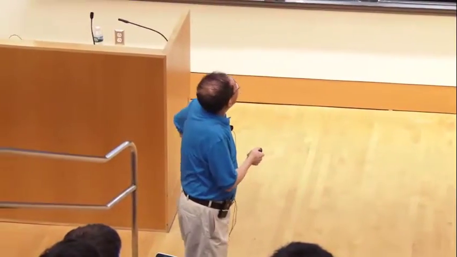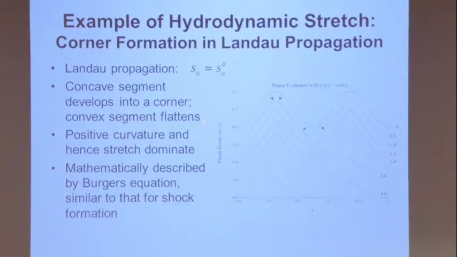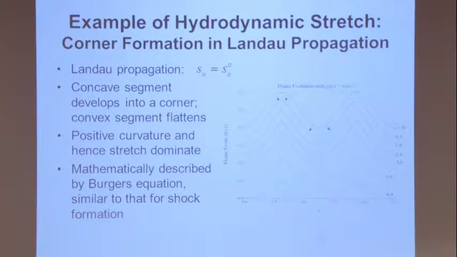So if you have a flame which is curved, let's just say, cosine x, okay? And then you let it propagate. The flame always goes normal to the flame surface, okay? Right?